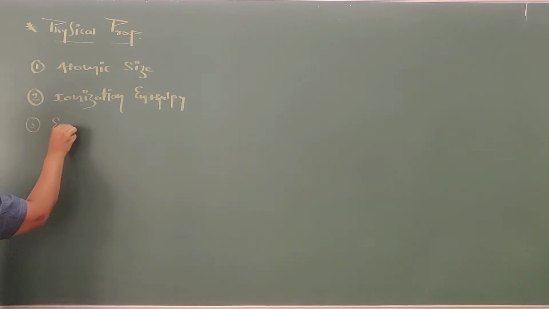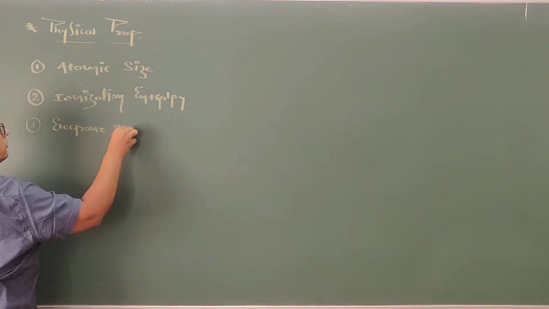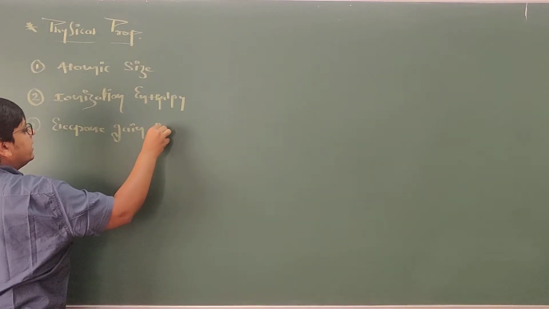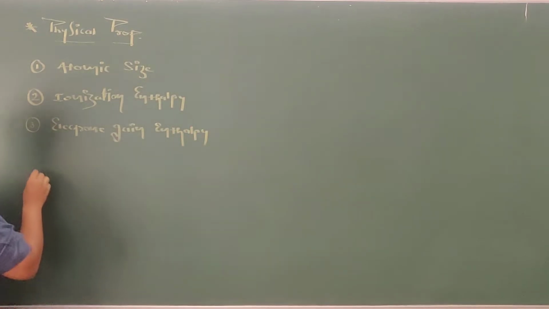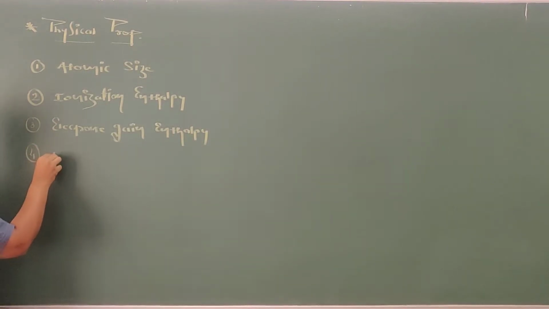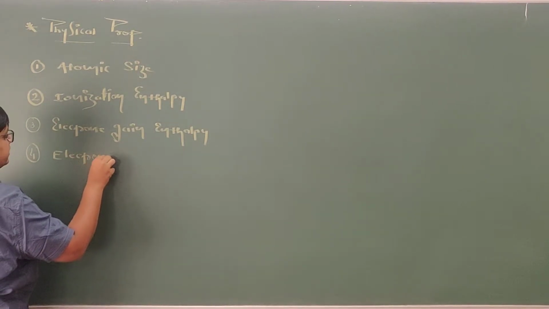Third is electron gain enthalpy. Fourth one is electronegativity.